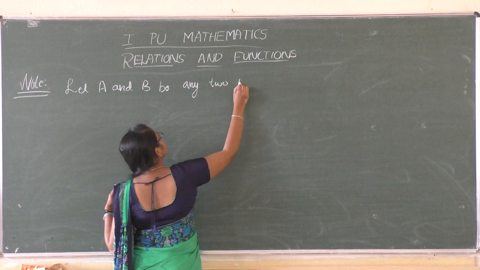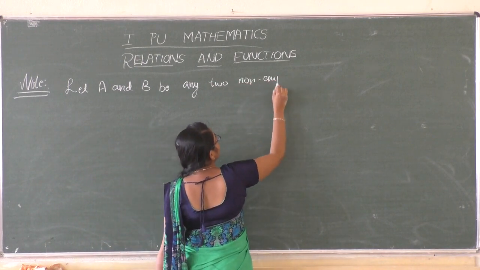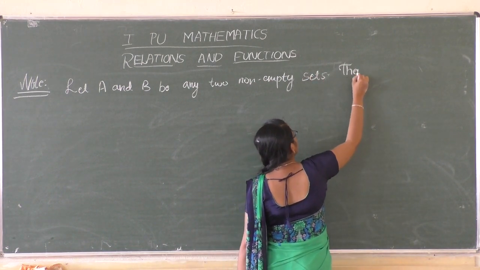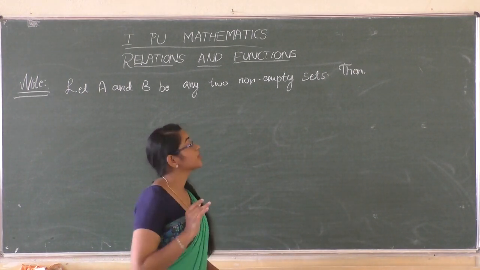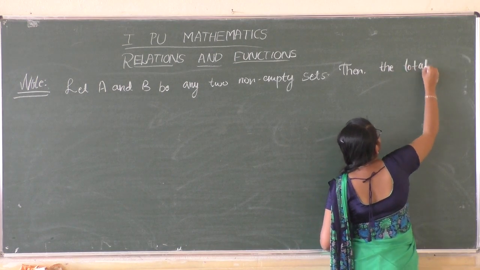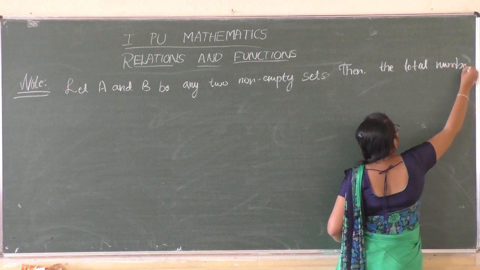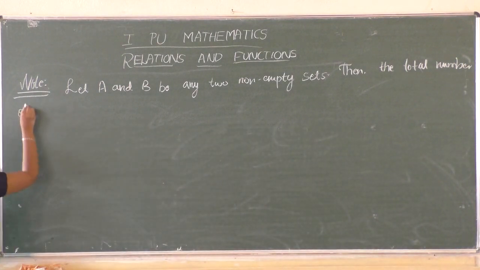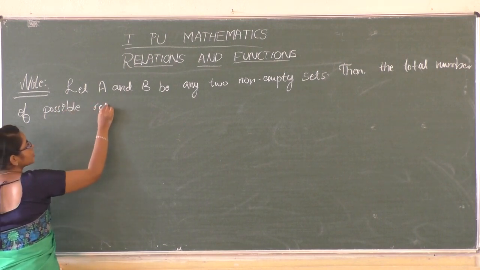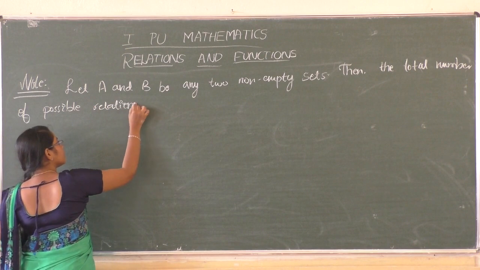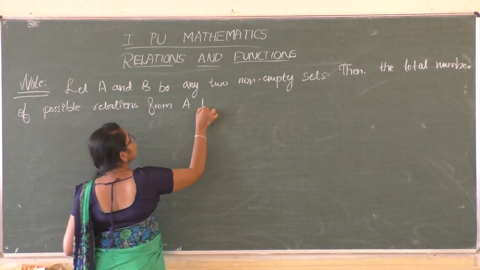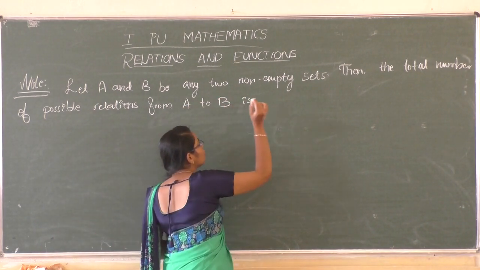Then the total number of possible relations from the set A to the set B is, what is it?